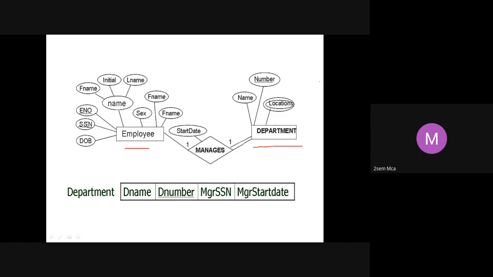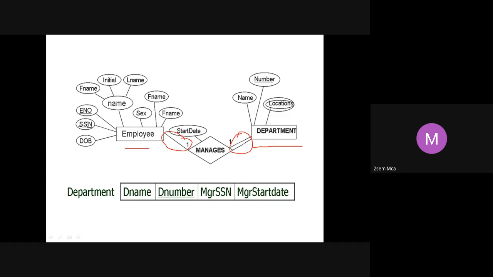Here, if you observe, we will generally have partial participation on one side and total participation on the other side. Wherever there is total participation, there you have to include the primary key of the partial participation side of the relation.